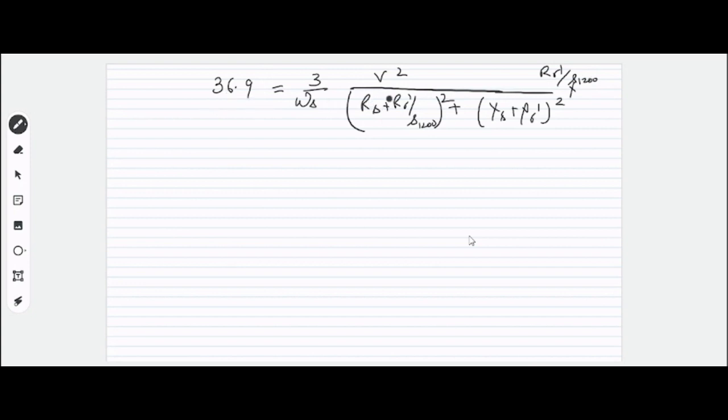This must have this value. We know the other values, so can we have the value of V from here?